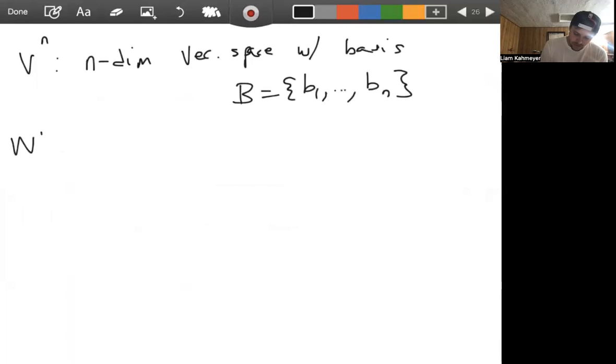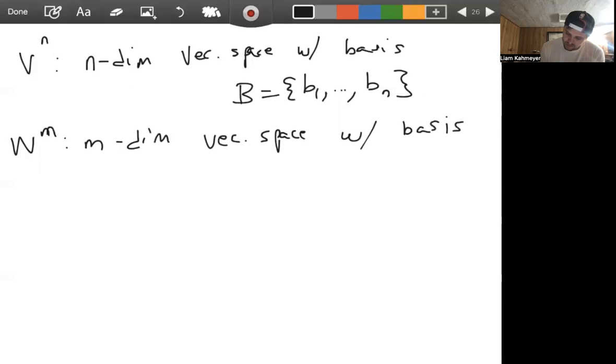Let's let W sub m be an m-dimensional vector space with basis B2. And sorry, I should have said B1 here. You could denote these as BV and BW if that helps keep track of things better.